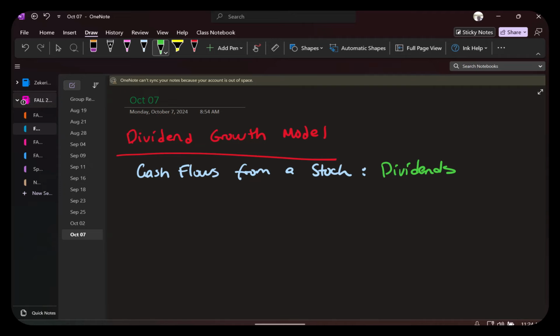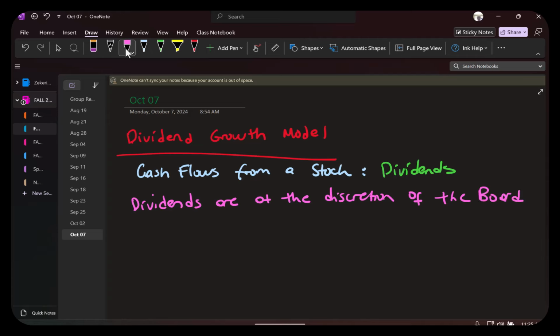It is completely within their rights to say that, or they can say we're going to raise that to $4. So it is a discretionary number. Board is short for board of directors.